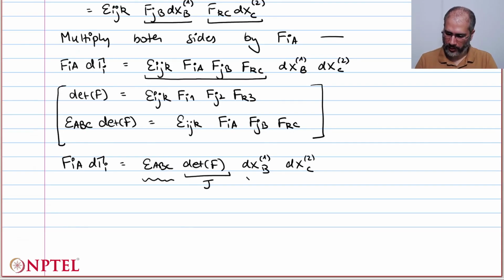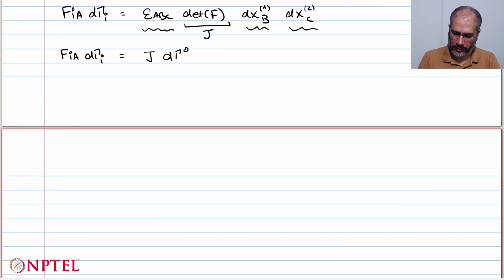Epsilon_abc dX_b dX_c. So I can simplify the expression now. So J times dΓ_0. I'll write the definition of F. I'll write this as x_i,a dΓ_i is J dΓ_0.